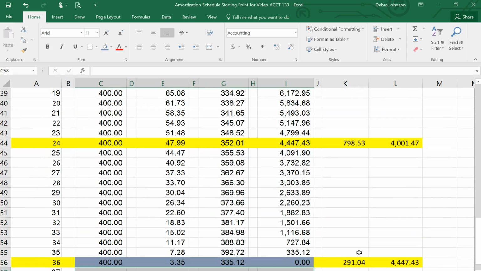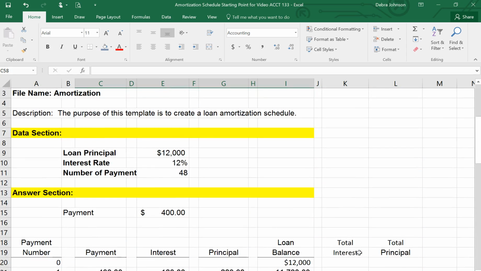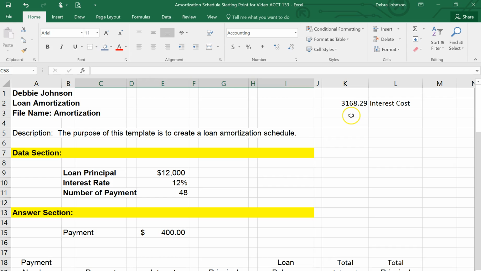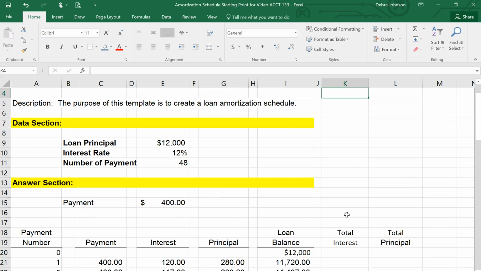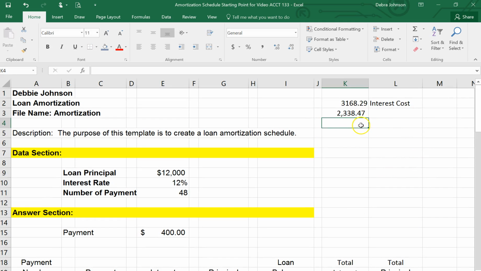So once again, my interest cost on this loan, let me go grab it, was $2,338.47, and we could calculate our interest savings as the difference between these two. With the old loan, the interest cost was $3,168.29.